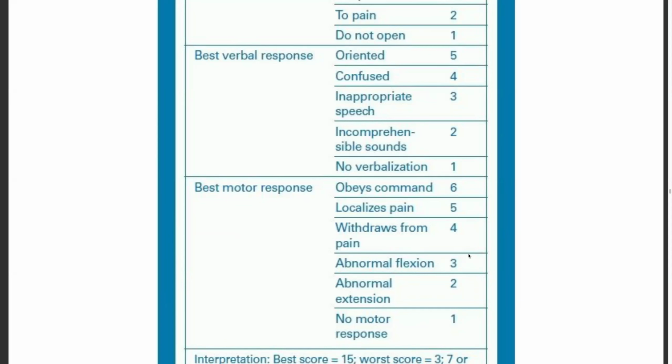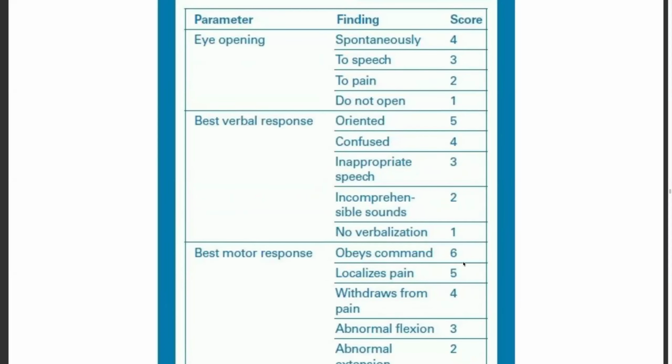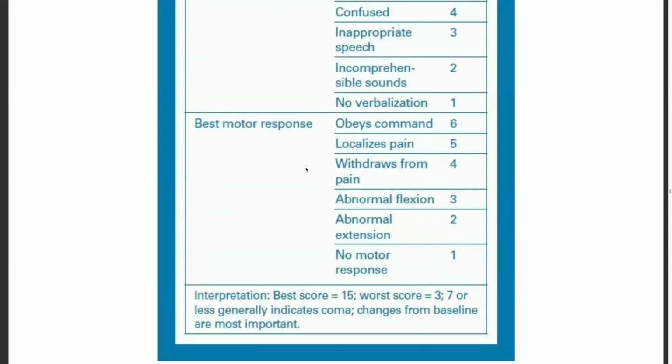Very good. So, in total, we said for eye opening. So, for best motor response, the patient has abnormal extension. What score would you give them for best motor response? 2. Very good.